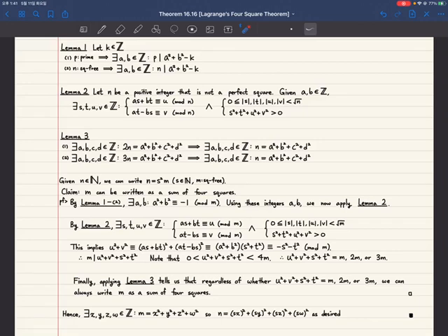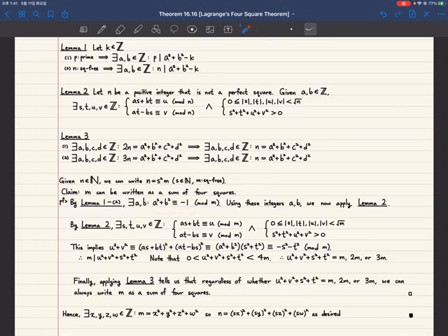Okay, so now we utilize lemma 1-2. Since m is square-free, we can set k equal to -1 and apply lemma 1-2, and that gives us that there exist integers a, b such that a squared plus b squared is congruent to -1 modulo m.